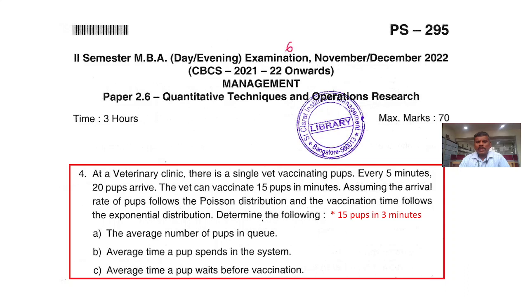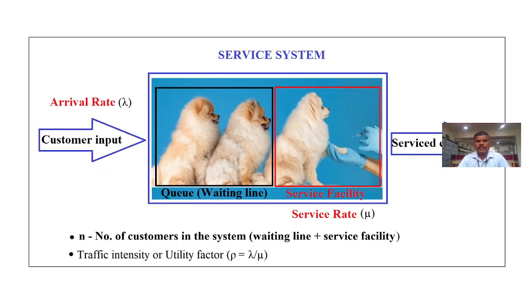With this background, we will try to understand some theoretical concepts and then we can move on to solve the problem. We can assume this is the given problem. The puppies are in the queue and one of the puppies is being vaccinated.